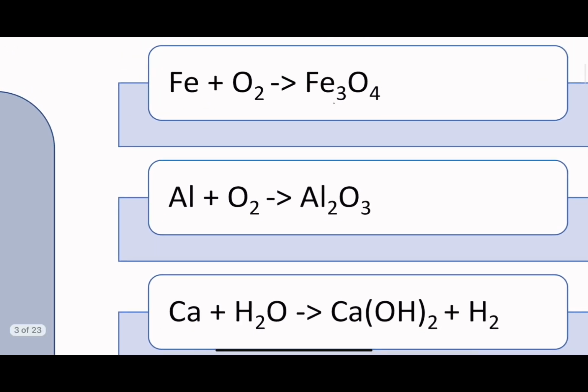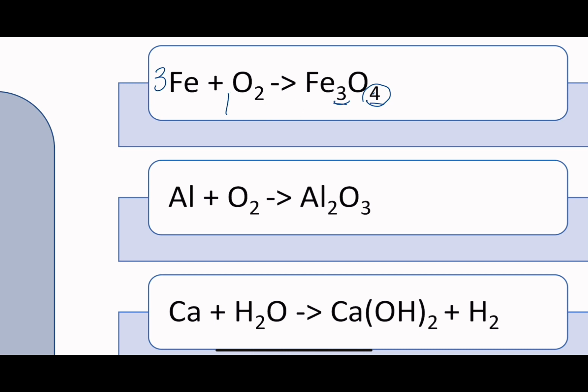So I got here iron and I got here oxygen, and so I got 3 of the iron, so I'm gonna put 3 in here, and then I got 4 oxygens. You see, I can't change indexes, okay? I can't do that. The only thing I can do is to add coefficients in front of them.